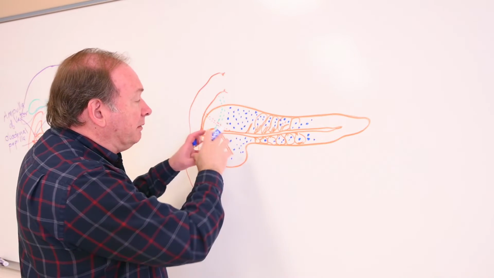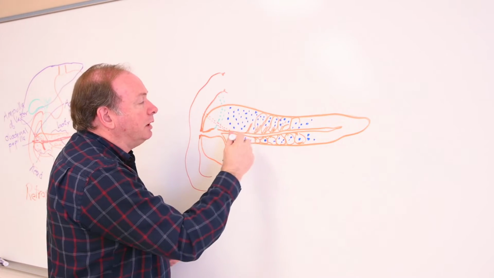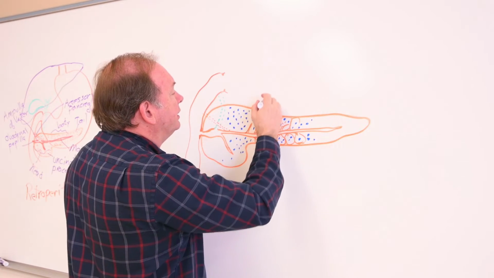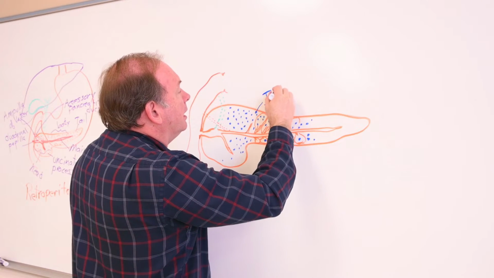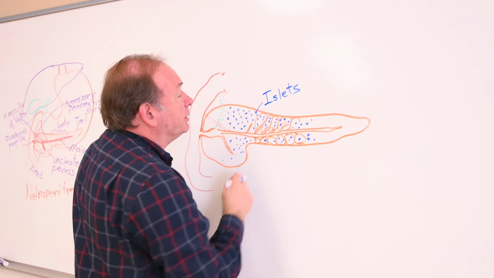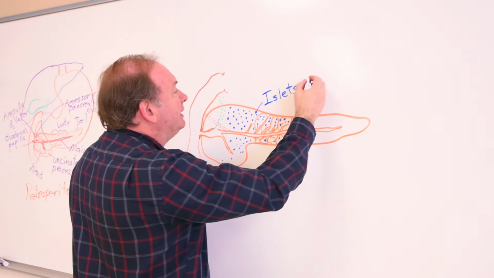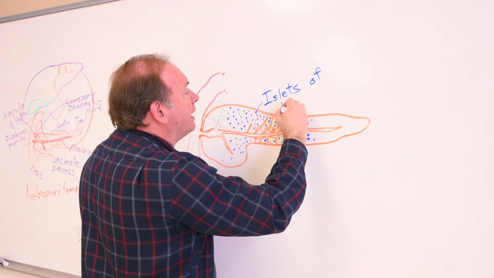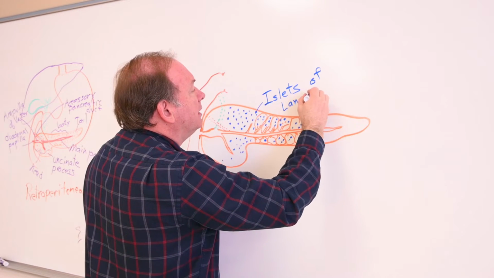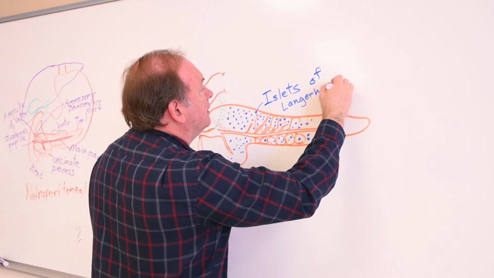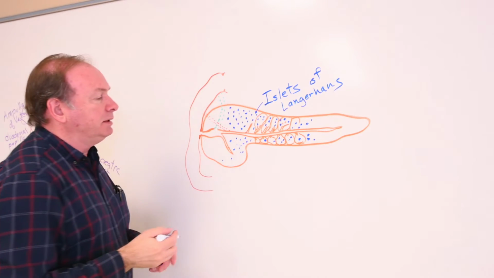So anyway, we have these small clusters of cells. Those clusters of cells are sometimes referred to as pancreatic islets or islets of Langerhans. Islets of Langerhans.